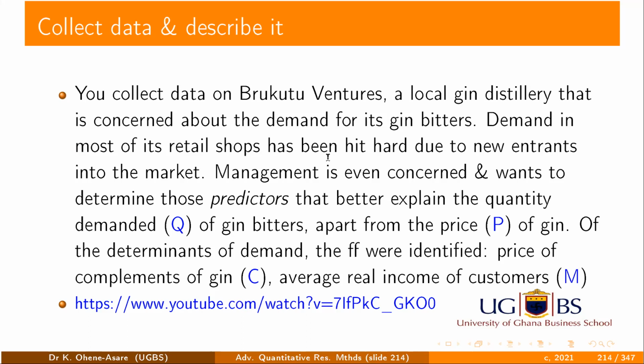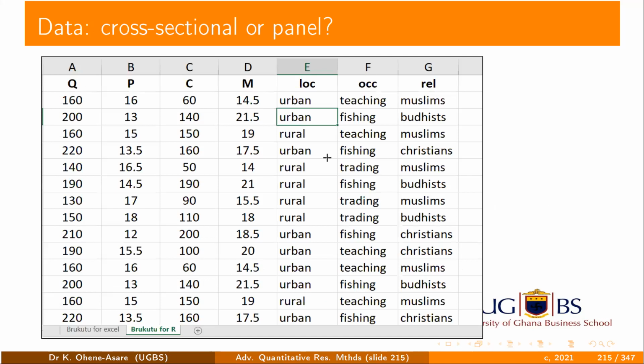Price is one of the factors that can affect the quantity demanded. But there are other factors that can affect demand. What are those factors? Some of them include the complement price, the average real income of customers. This is the data. So you have the quantity demanded.